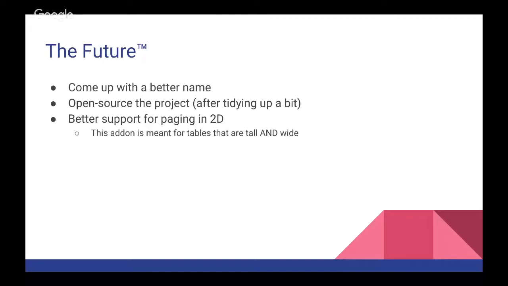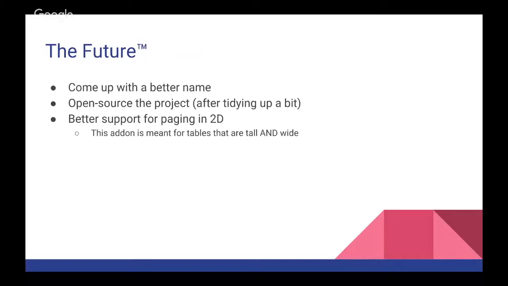And better support for paging in 2D. What I mean by this is we have support for paging in data from a server, for example, in one dimension. We have pretty good native support for pulling in data and loading it incrementally when you're scrolling vertically. But the configuration for columns, the interface for how you define which columns are going to be rendered, is pretty static.